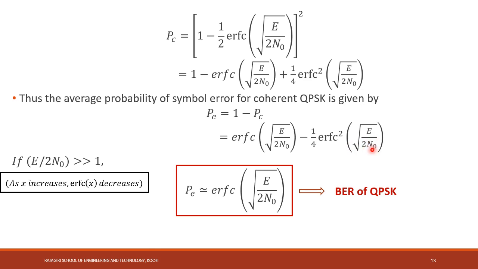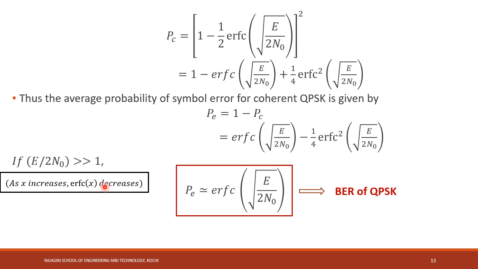Now, as this ratio E by 2 N naught is much greater than 1, an important property of the complementary error function is that as x increases, erfc of x decreases.